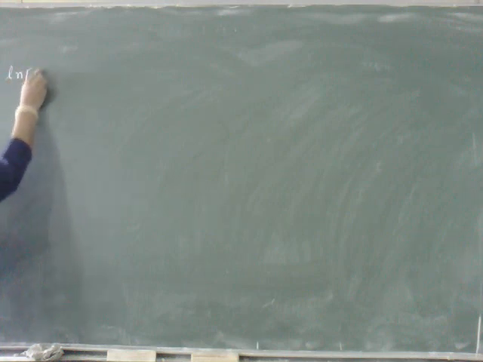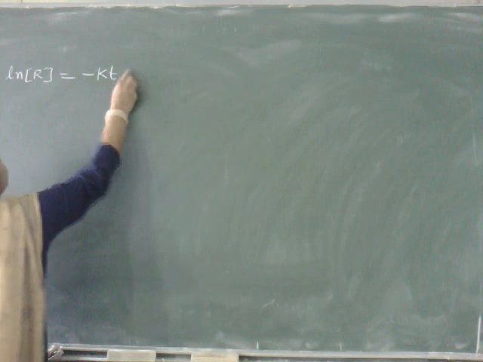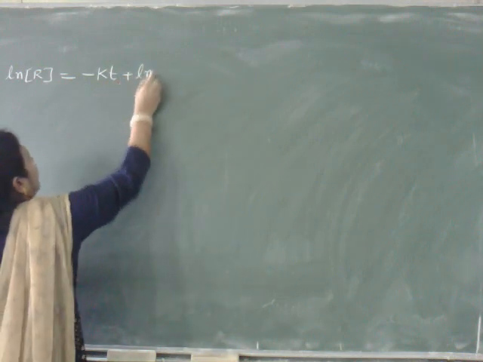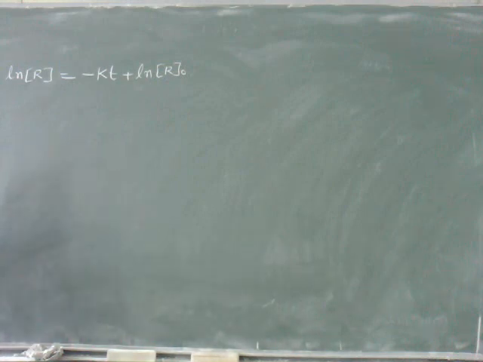See here we have an equation for first order. What equation? I told you this is important. Here ln r is equal to minus kt plus ln r naught. One step in first order reaction.